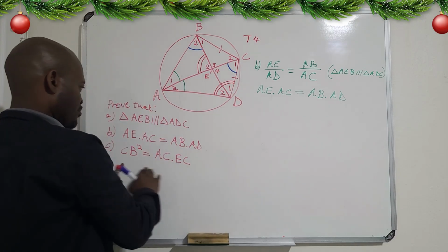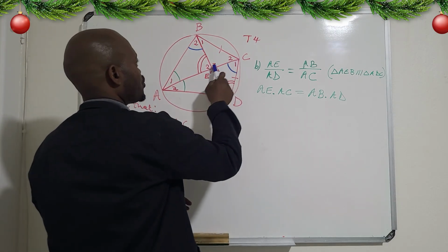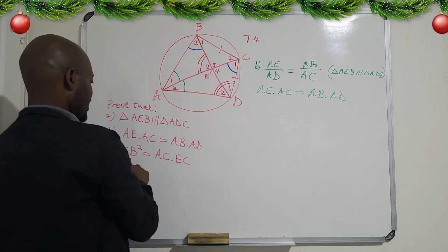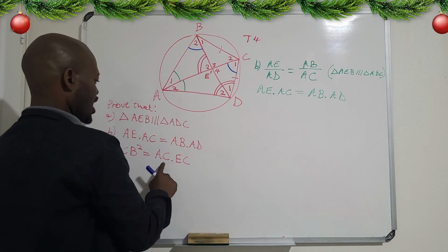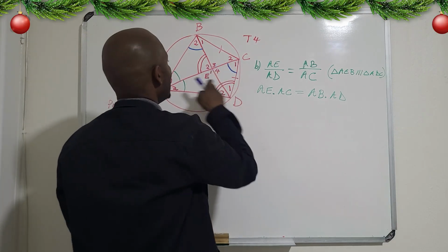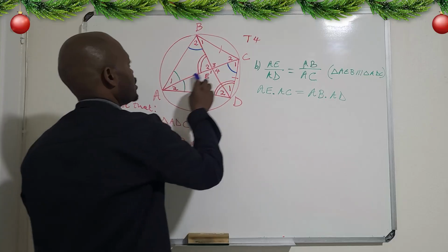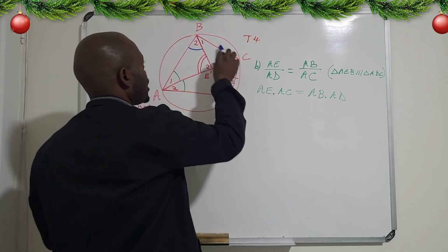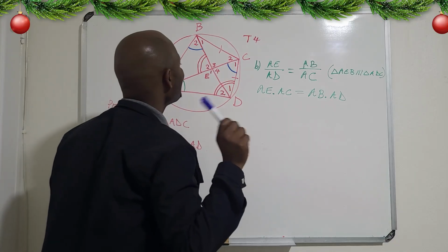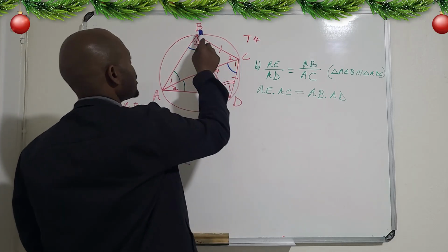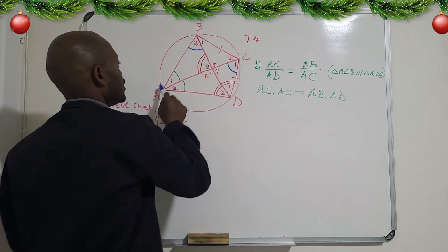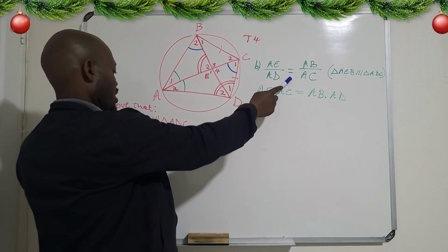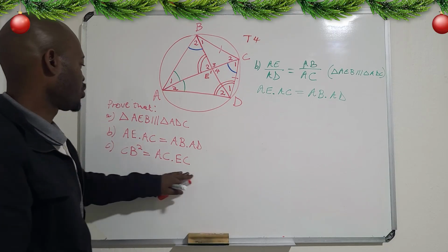This side and this side, they are in this triangle. That's the first thing when I'm looking at this. So this side CB, this side AC, it's in this triangle. If I can prove that this triangle is similar to this triangle, then I can set up that and prove this.